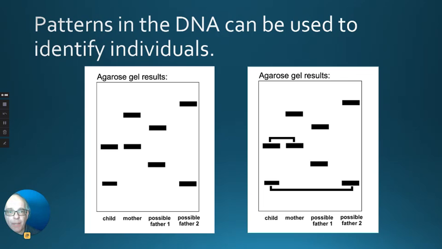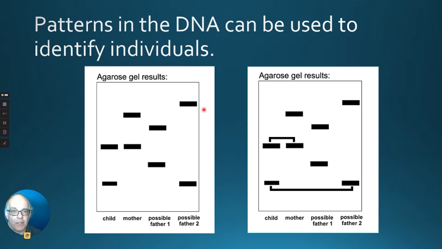An example of this would be a paternity test. We have DNA test results, essentially a pattern: child in one column, mother in one column, possible father one, possible father two. Like you're looking at fingerprints, you're trying to figure out what patterns match up.